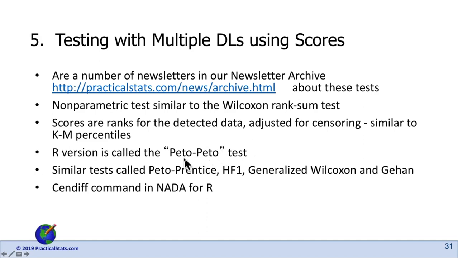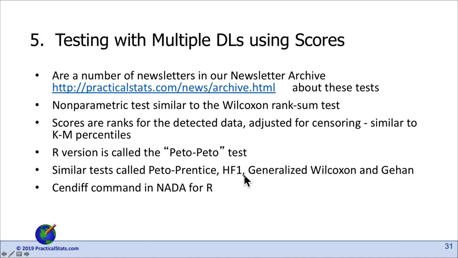One of the names for that kind of test is the Peto-Peto test, and that's what's run in R. There are variations of these that really just change the test statistic slightly, the evaluation of what kind of percentile I'm assigning to these. Those other names go by Peto-Prentice, Generalized Wilcoxon, the Gehan test, and other names.